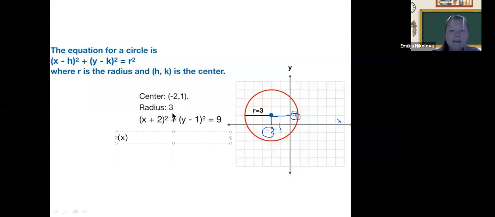It will be x minus (-2), then plus, now we go to the second one, y minus 1, because it's 1, equals the radius squared, that is 3 squared. This is just to explain how we get the bigger one here.